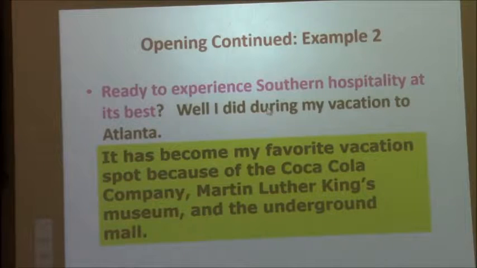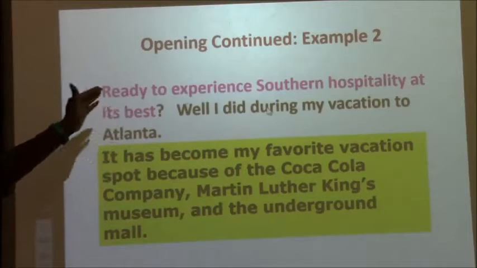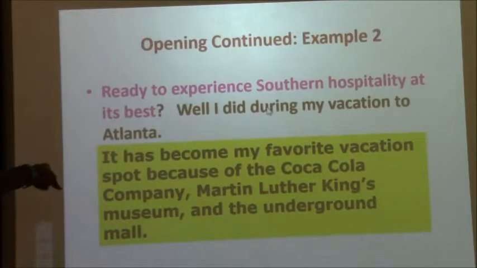Well, I did during my vacation to Atlanta. Y'all see that trend? Sometimes it is one sentence. That's a one sentence bridge right there. It has become my favorite vacation spot because of the Coca-Cola Company, Martin Luther King's Museum, and the Underground Railroad.